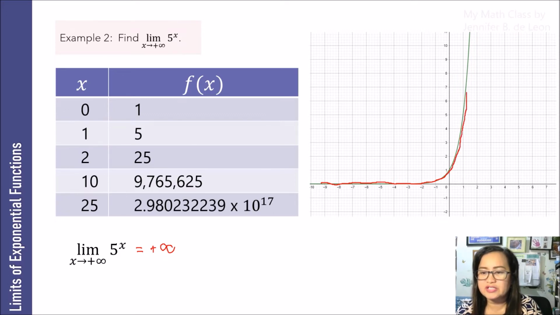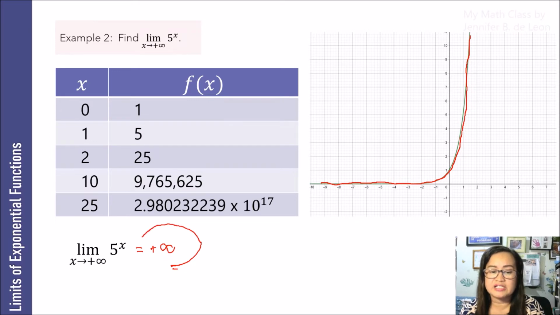It increases also without bound. So it confirms our answer that the limit of 5 raised to x as x approaches positive infinity is positive infinity.